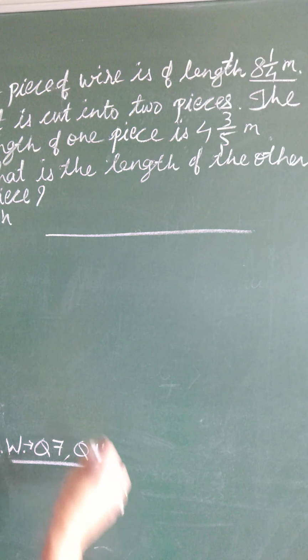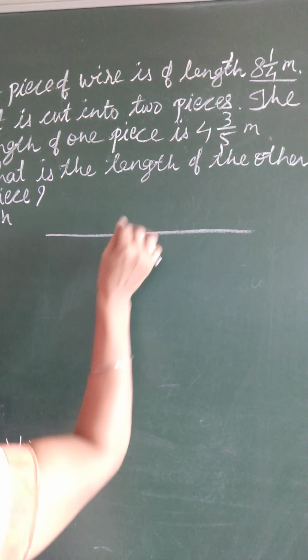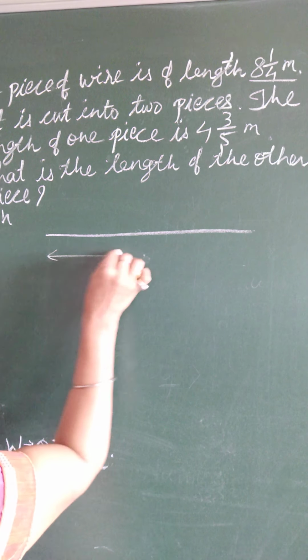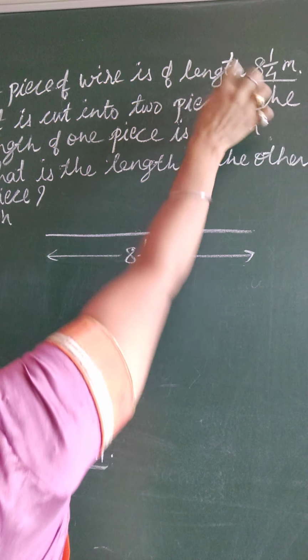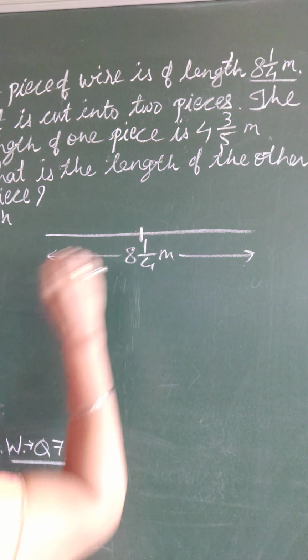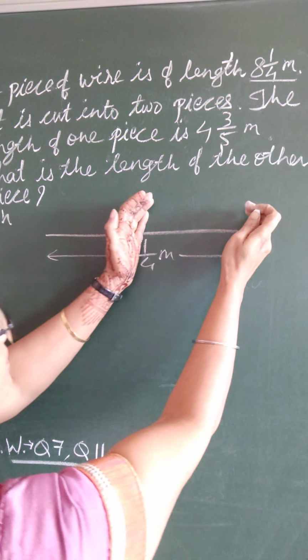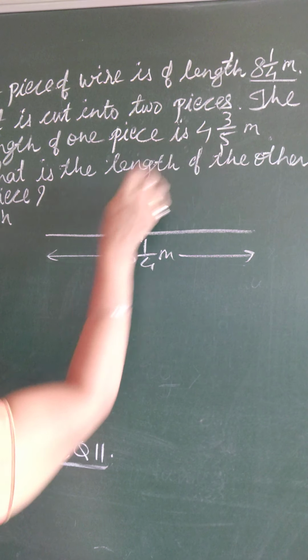Now let's draw a simple wire. Suppose this is any wire whose total length is given, 8 1/4 meter, according to the question. Now this wire is divided into how many parts? 2 parts, into 2 pieces. This is one piece and this is one piece. Now the length of one piece is 4 3/5.